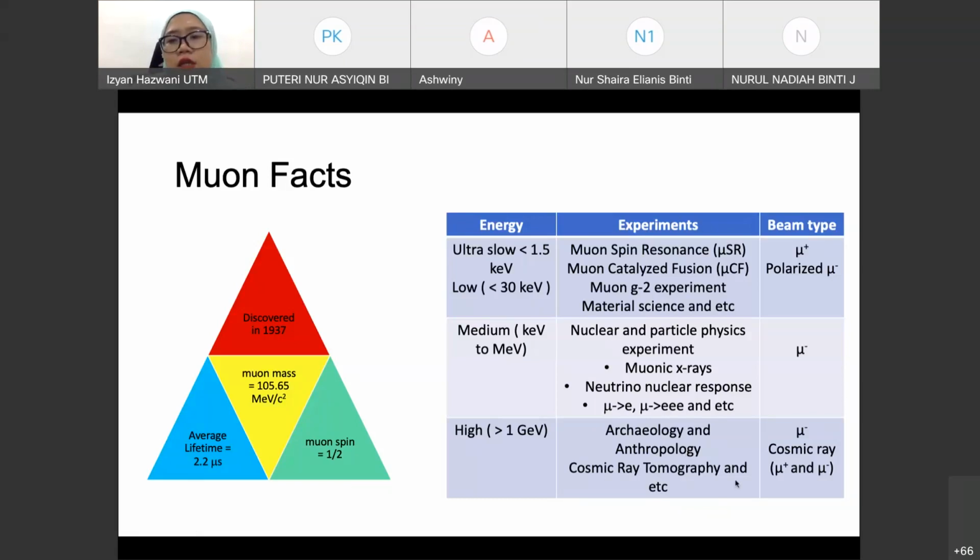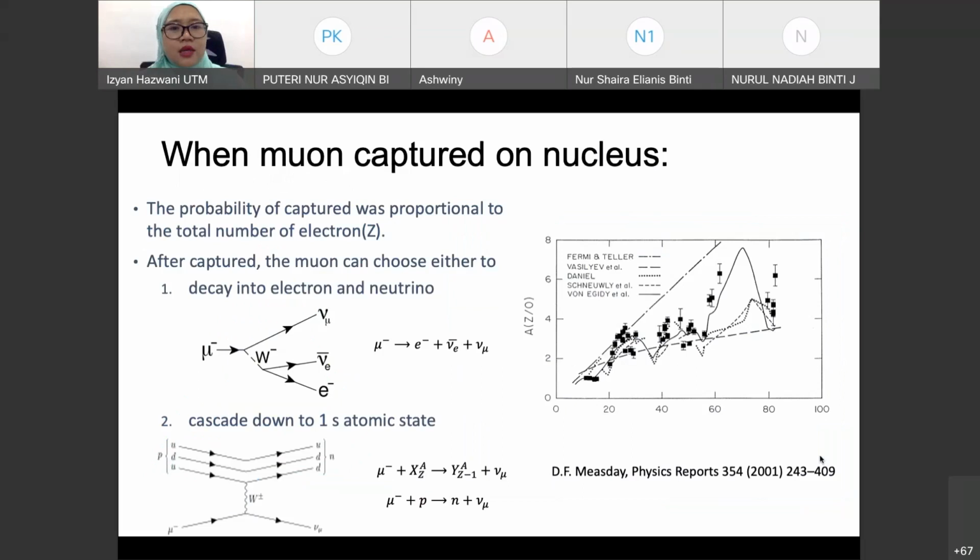This part is the more natural muon that can be observed using cosmic rays. Cosmic rays are penetrating throughout our universe. Even now, as you are sitting on your chair, very high energy muons from cosmic rays are passing through you. So what happens when a muon is captured on a nucleus?